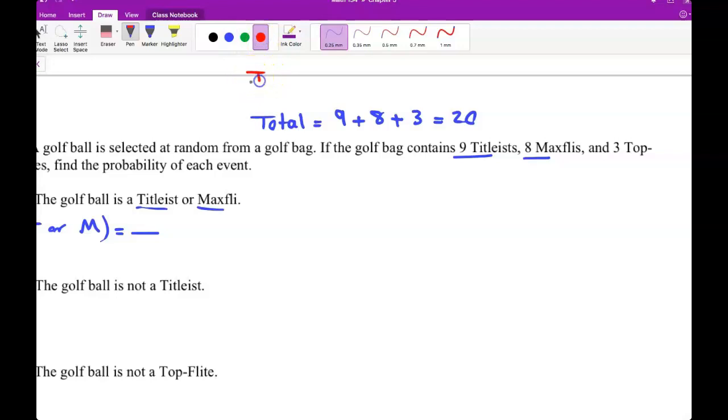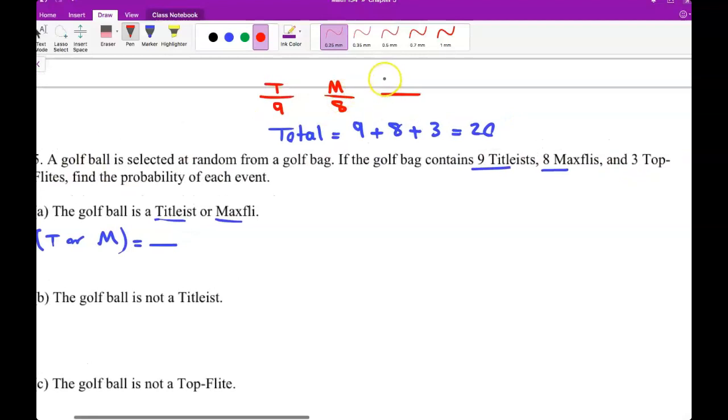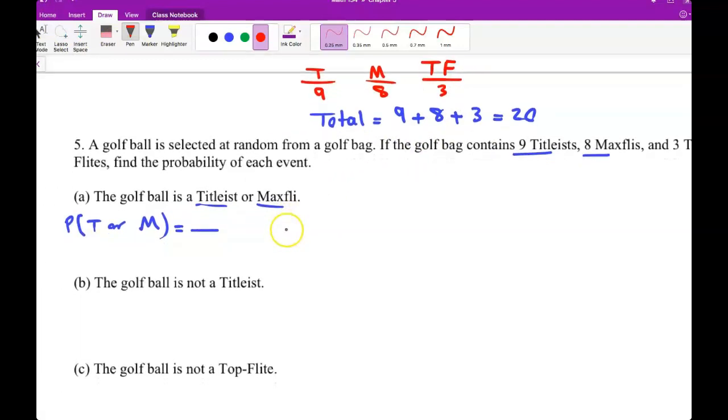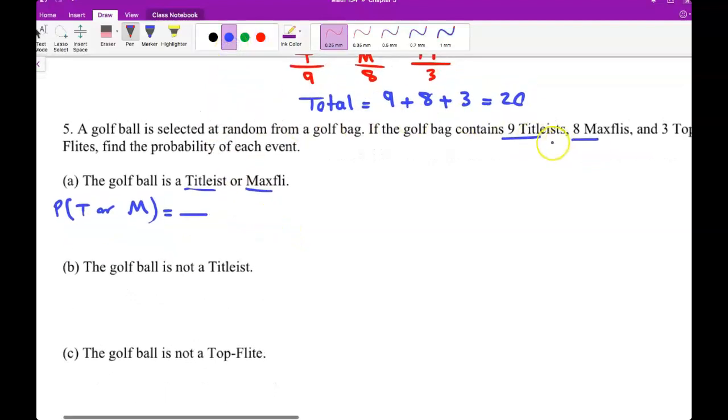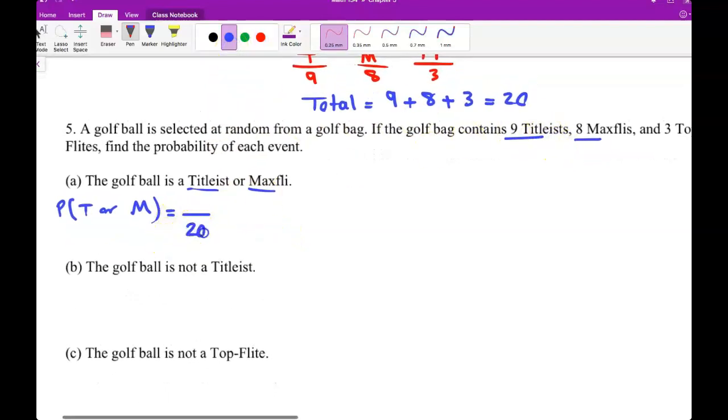I used T, M, and for this one let's use TF. So in total we have 20 in the denominator.